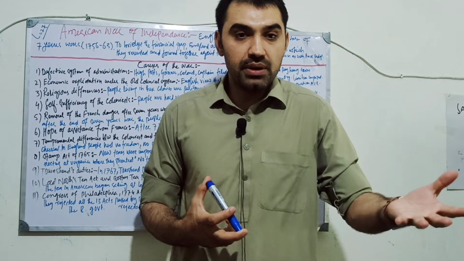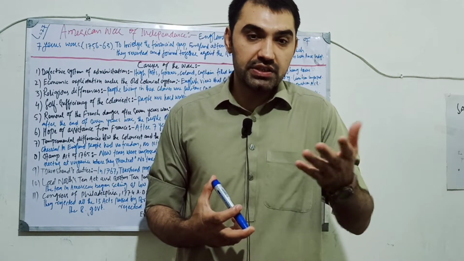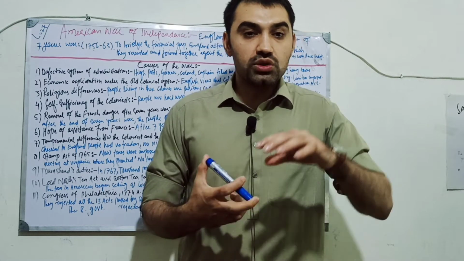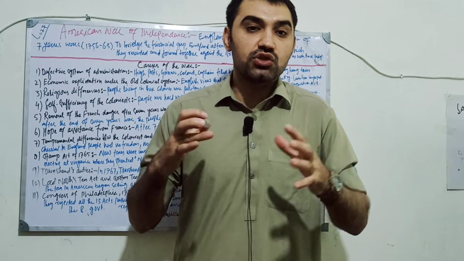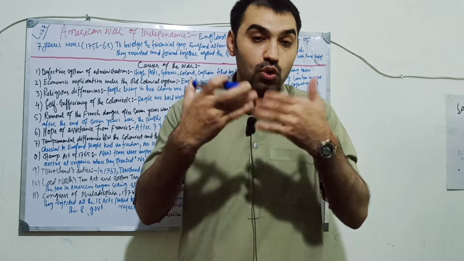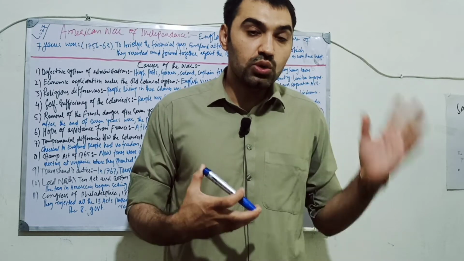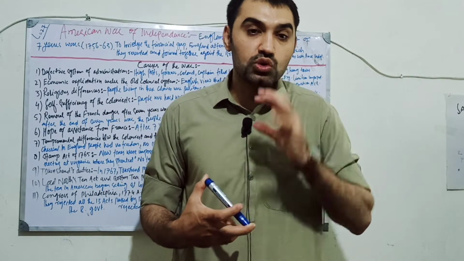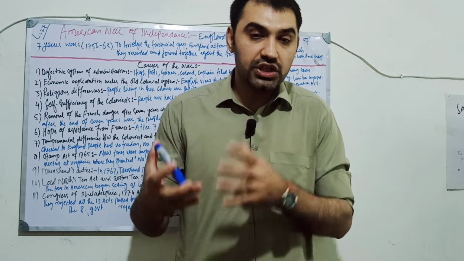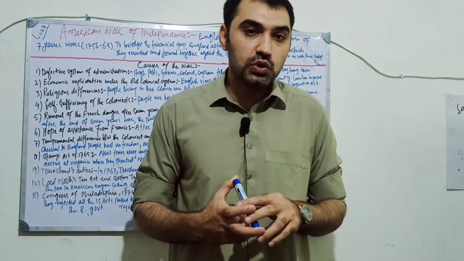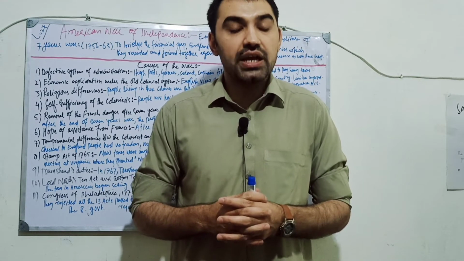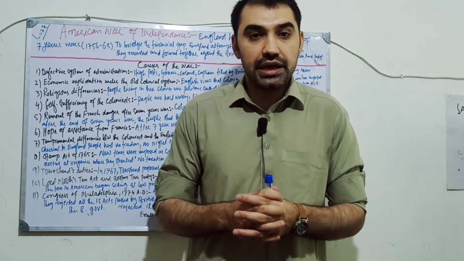And when William came on the throne as a result of the Glorious Revolution, who was Protestant by faith, certain restrictions were imposed on Catholics. These were imposed prior to the Glorious Revolution too, but those restrictions were severely imposed after it in the form of the Test Act and the Corporation Act.